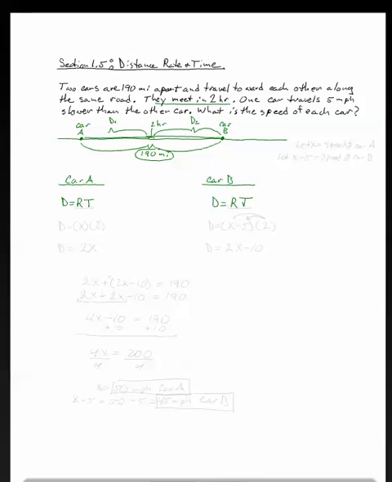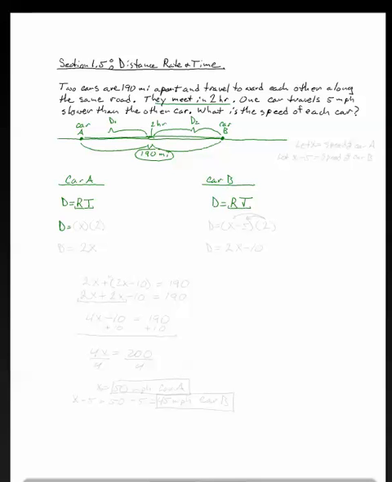So the basic plan is to get an expression for this distance and get an expression for this distance. Add those together and set them equal to 190 miles. So for car A, we have distance equals and the rate.